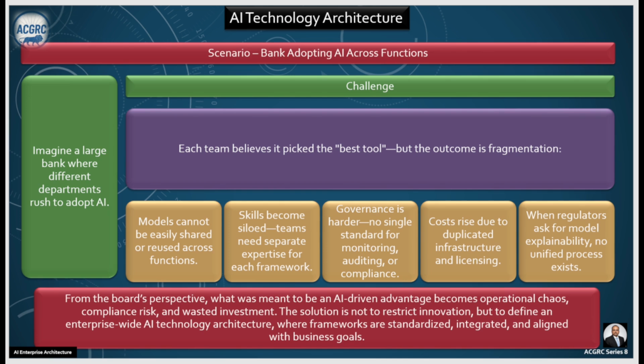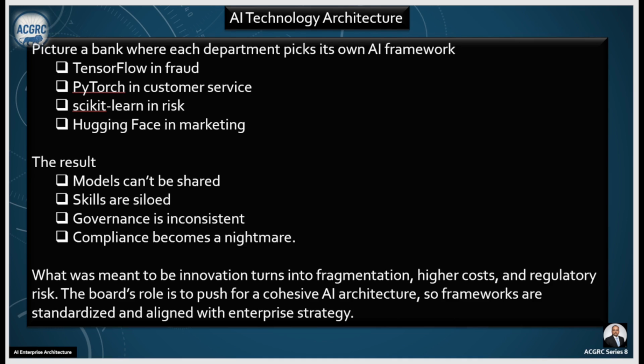The solution is not to restrict innovation, but to define an enterprise wide AI technology architecture where frameworks are standardized, integrated, and aligned with the business goals. Now, summarizing, picture a bank where each department picks its own framework. TensorFlow in fraud detection, PyTorch in customer service, Scikit-learn in risk, Hugging Face in marketing.